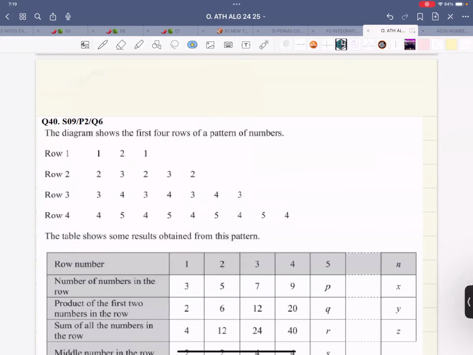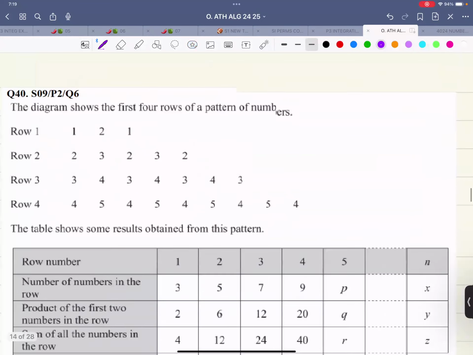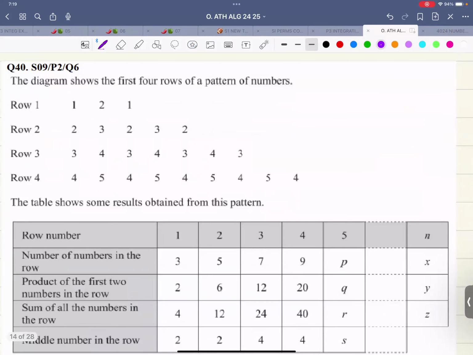Another past paper question. The question says the diagram shows the first 4 rows of a pattern of numbers. So the first row is this one. That is row number 1. That is 1, 2, 1. And then we have row number 2, which is 2, 3, 2, 3, and so on.